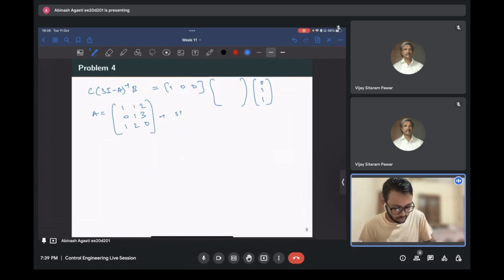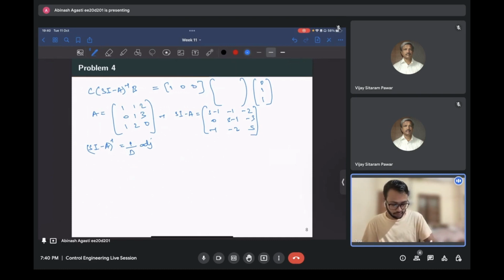So sI minus A is s minus 1, minus 1, minus 2, 0, s minus 1. And then (sI minus A) inverse is written as 1 by delta, the determinant, and the adjoint, right?